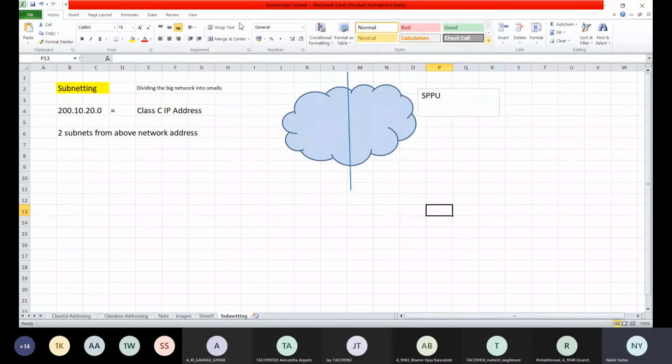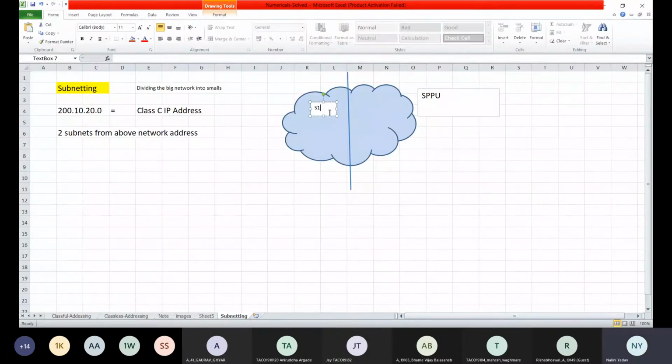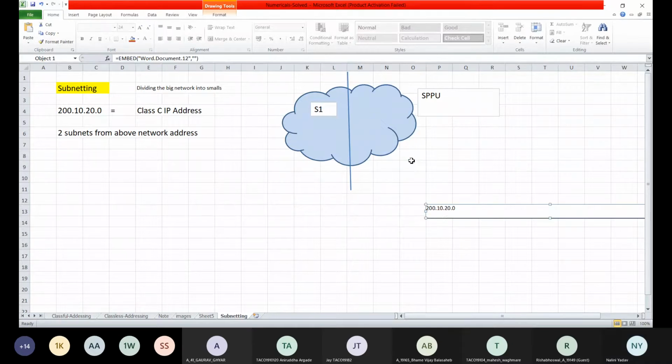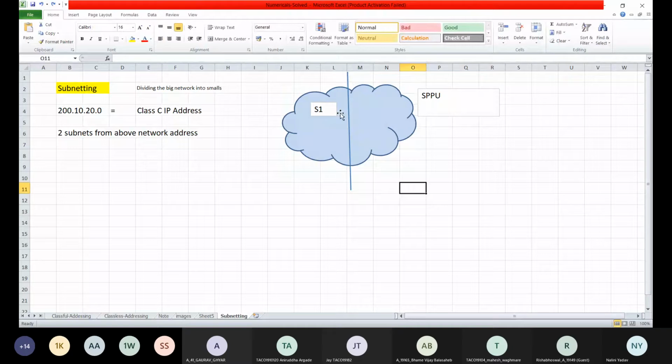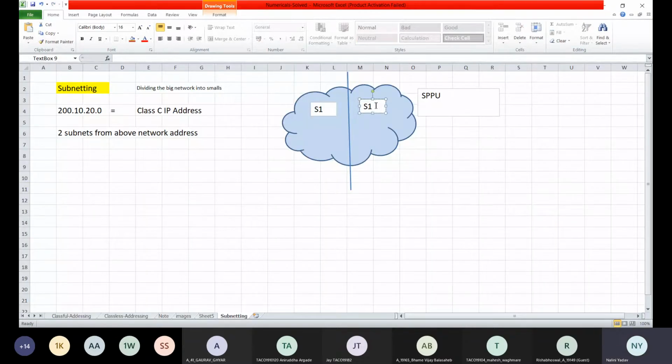So which are these two parts? Say my first part is S1, and similarly, the second part is my S2 part. Fine. So I have divided my complete network into two parts. This is how I am showing it diagrammatically.